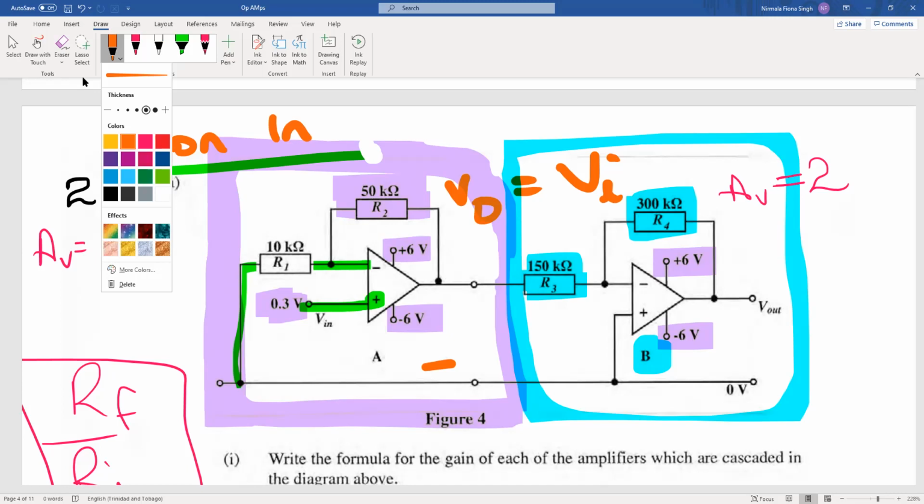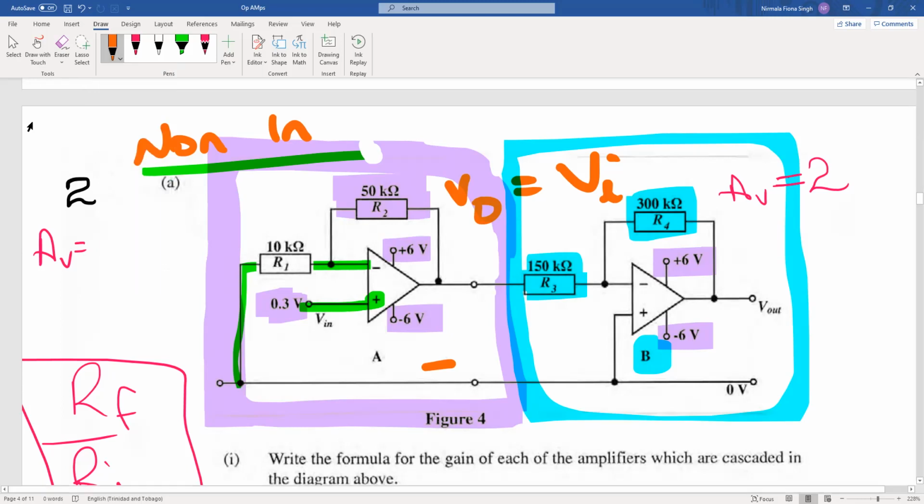Can you please look back at your notes for a topic we've been doing since the start of the term, for the last 4 weeks? What is the gain of a non-inverting amplifier? Rashad, what's the gain of a non-inverting amplifier?